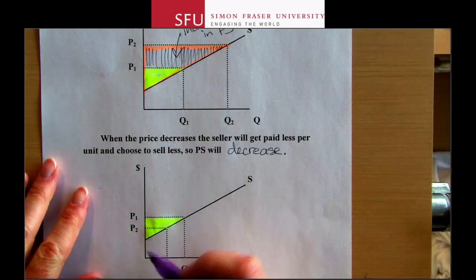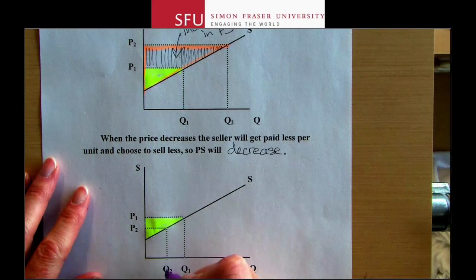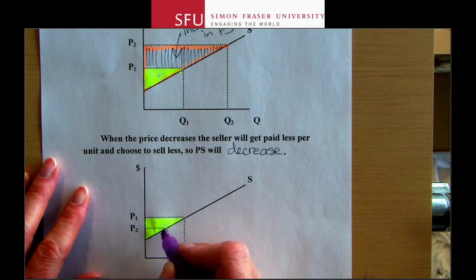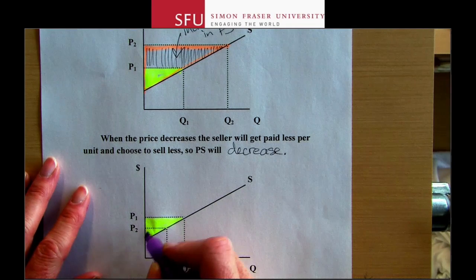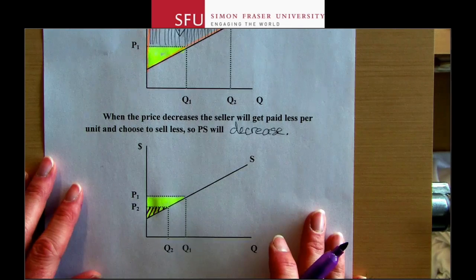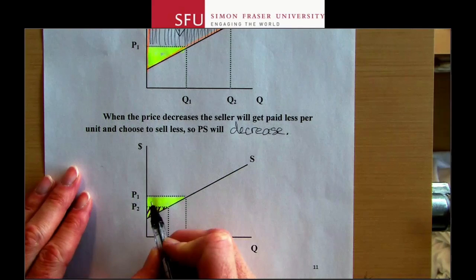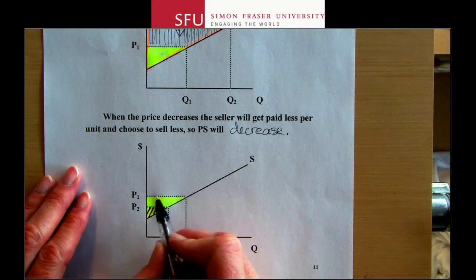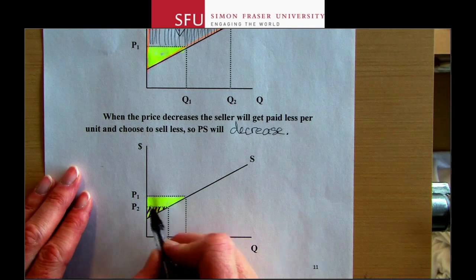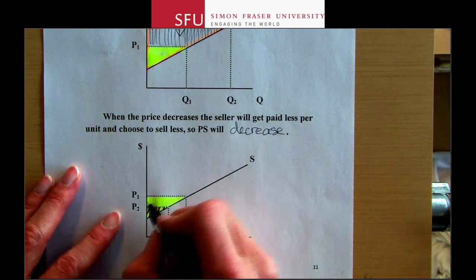Now they are only going to sell Q2 units, and so their revenue goes down, their costs go down, but then the producer surplus is what measures the net benefit, so that goes down. Okay. So then this part here would be the decrease in their producer surplus.